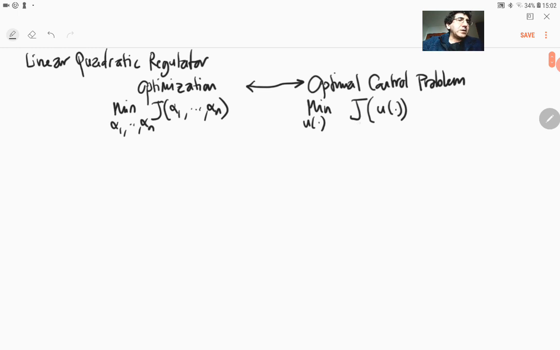When you have a function that is a function of a function, we call this a functional. So if this is a function of alpha, in the second case we have a functional of u, and trying to solve this problem is called an optimal control problem.